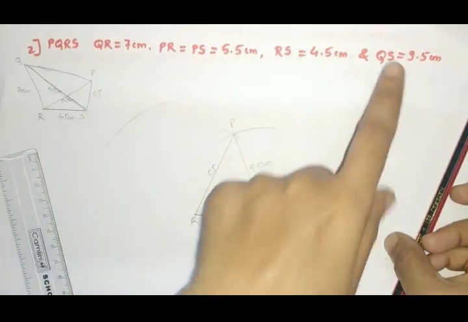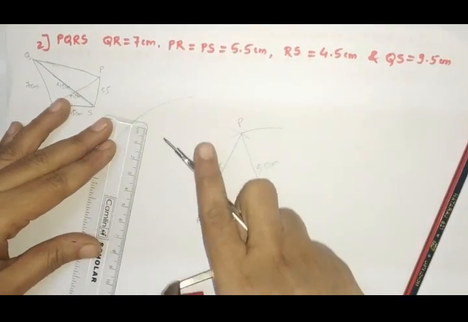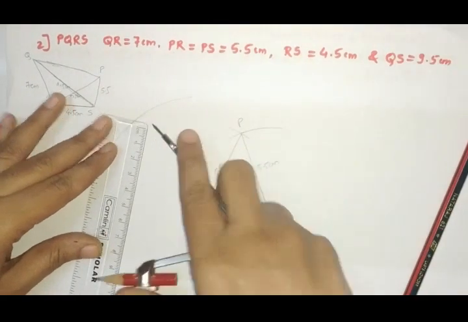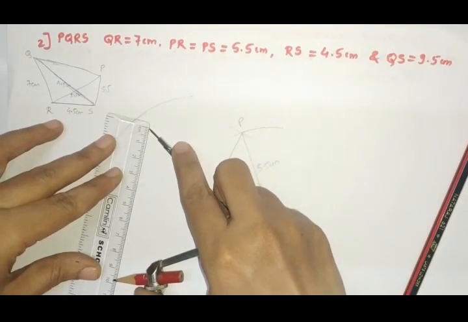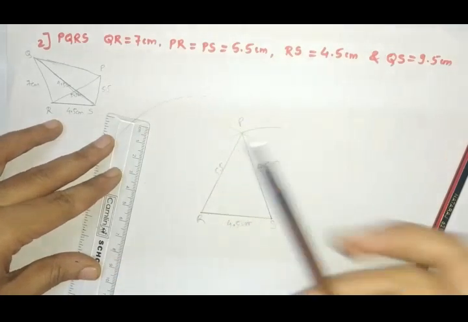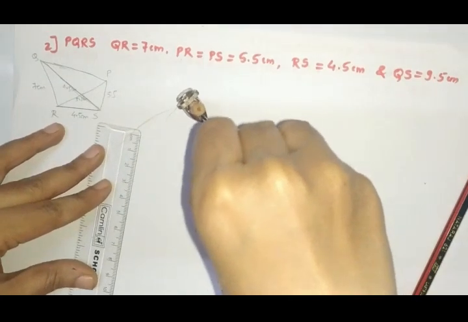So QS is the distance given. We'll take QS as 9.5. So again we'll open the compass and select 9.5, which is going to be the longer one. It is 9.5. So take S as a center and cut this arc.